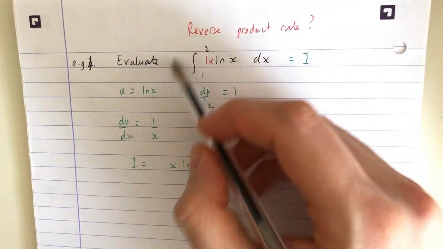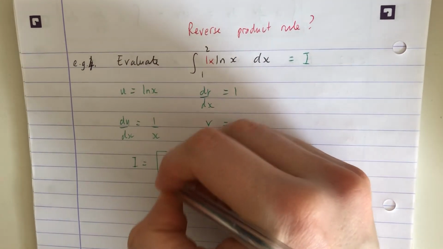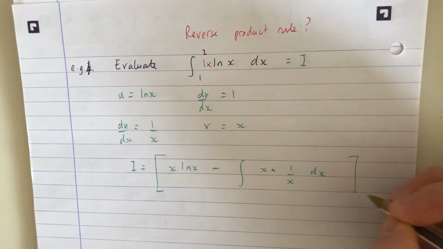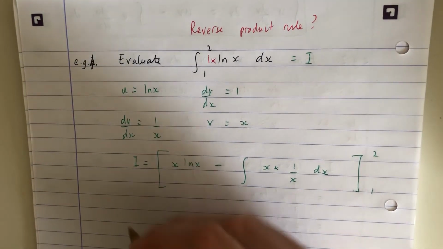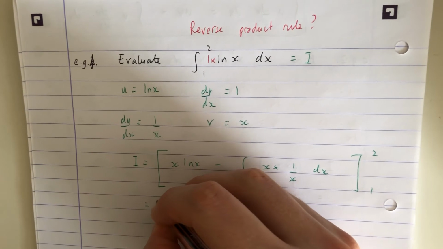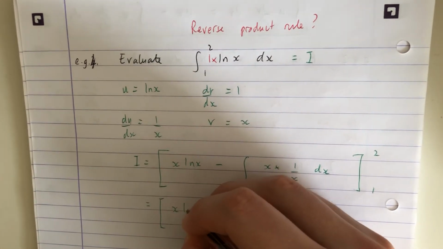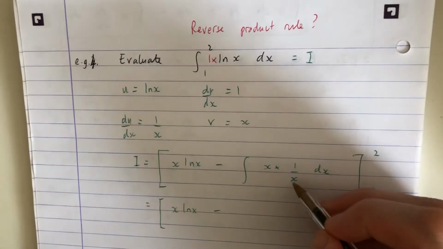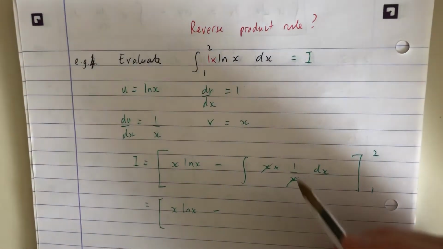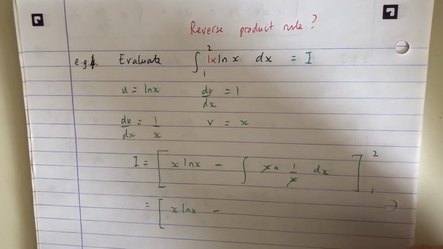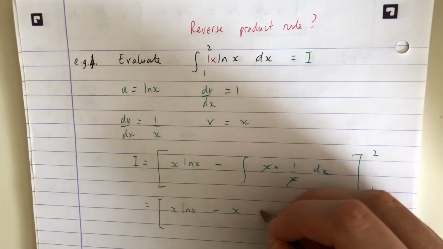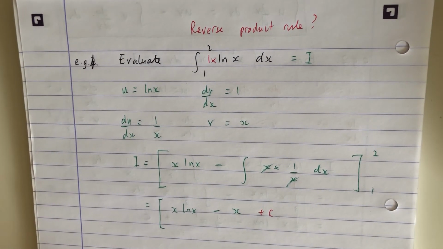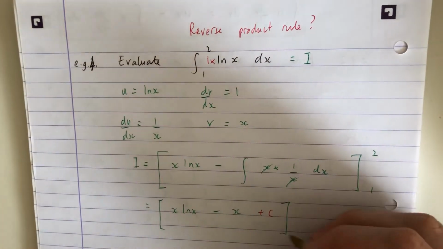And again, this is all to do with the limits 1 and 2. So we've got to put the limits in as well for this one, 1 and 2, which is equal to x ln x subtract, they cancel out, and you are just integrating 1 with respect to x. Put that in there. You can include the plus c, but you don't need it. And this is between 1 and 2.